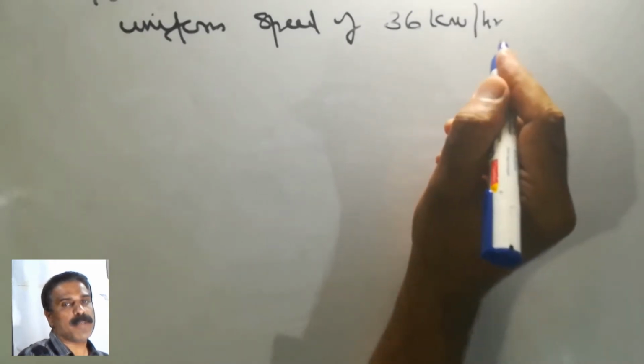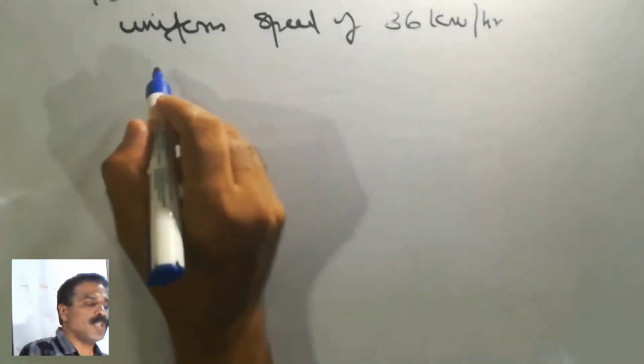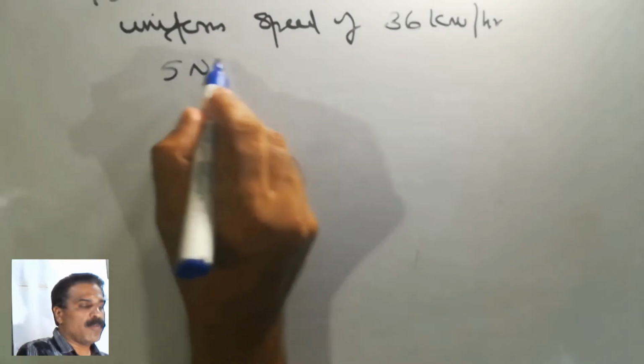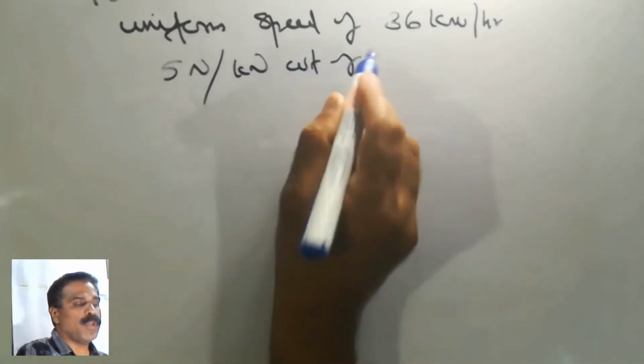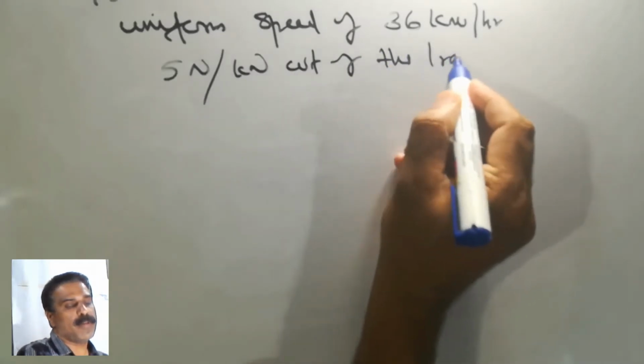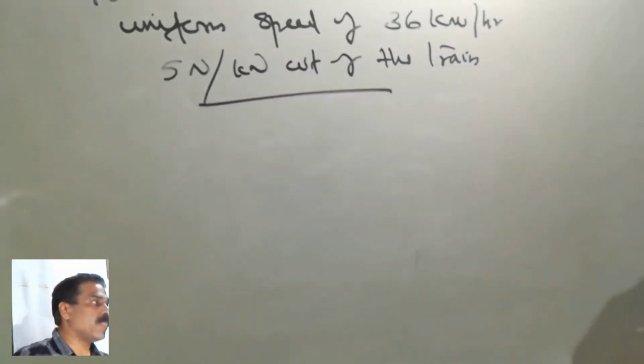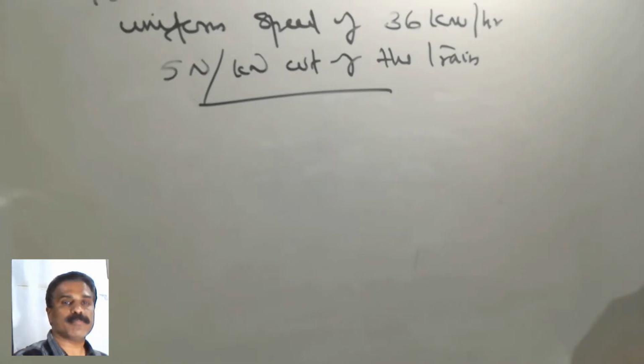Find the power exerted by the engine if the road resistance is 5 Newton per kilonewton weight of the train. That is the question.